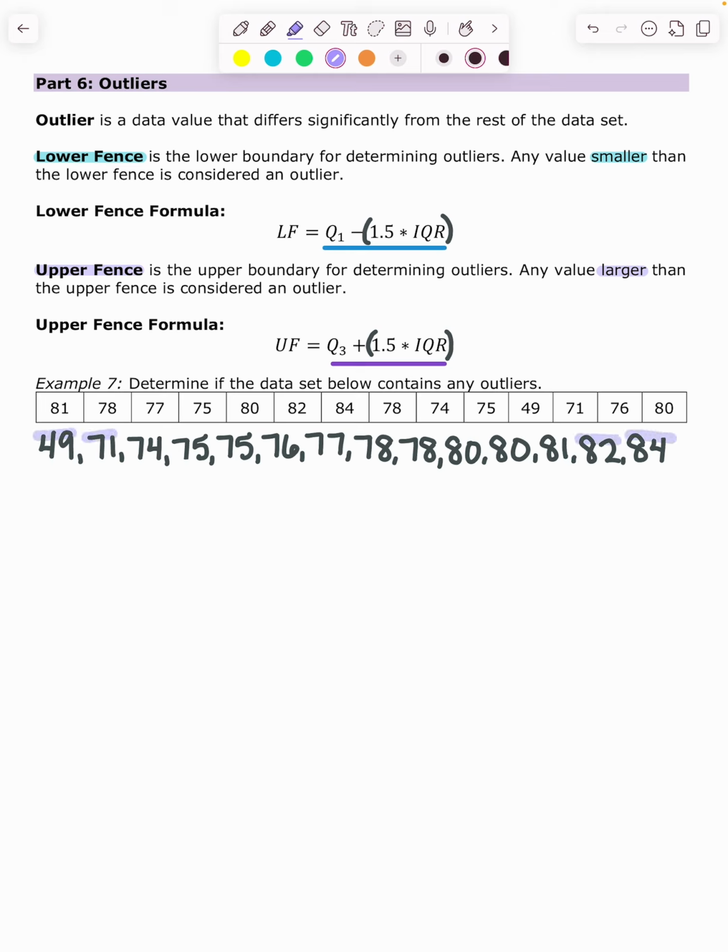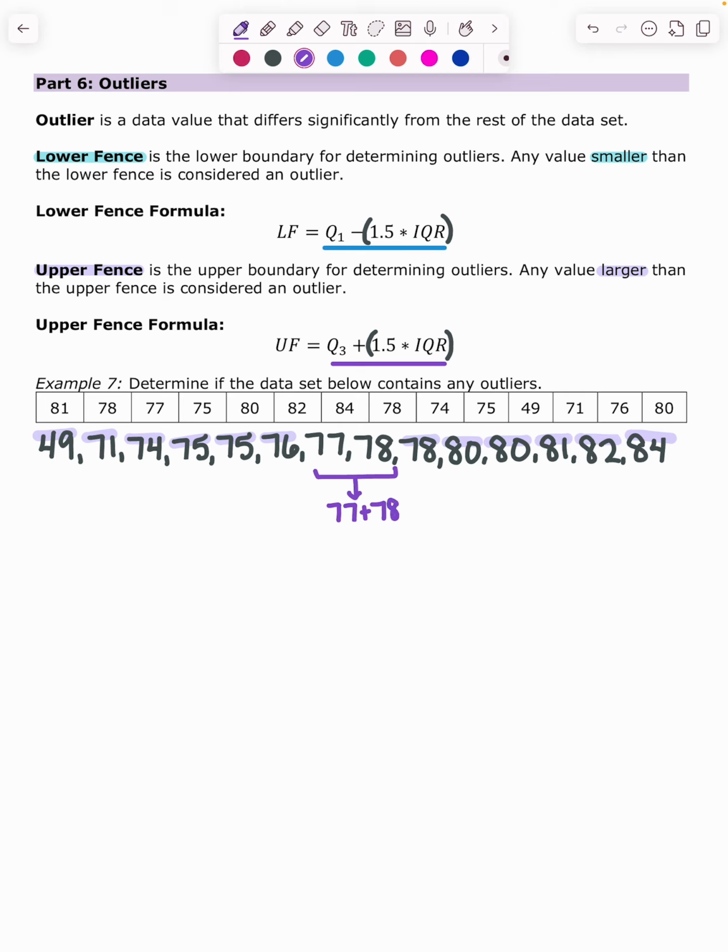I'm still doing all of this by hand, even though we have ways of using technology to help us, just so that we understand where all of this comes from and get good practice. Okay, so 77 and 78 are the two that I end up with in the middle.